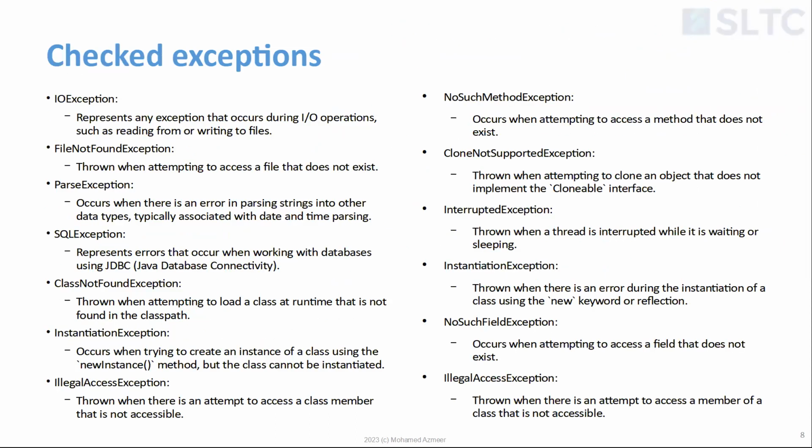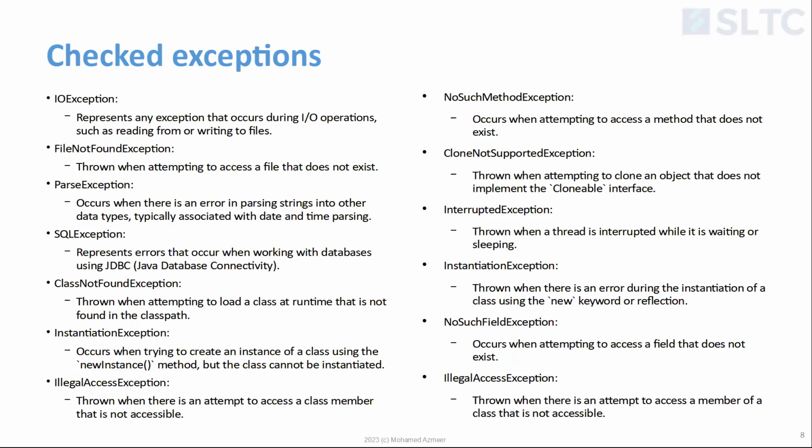Now, here is a list of checked exceptions. I think there are a few more as well, so I picked the most important, most notable ones. The first one is IOException. IO stands for input output. It represents any exception that occurs during an input output operation, such as reading or writing files.